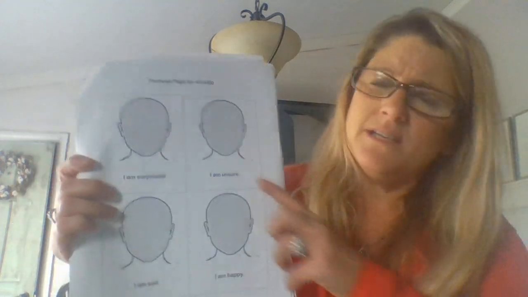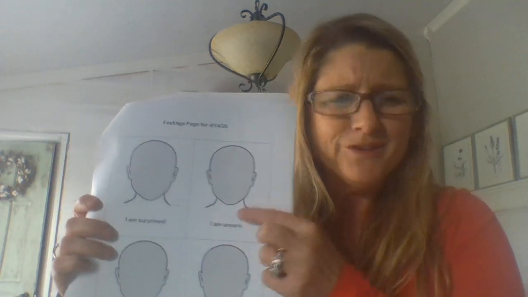This one says I'm unsure. Remember, the house was unsure. I was unsure because I was hearing a noise and I had to turn around and look because my puppy was trying to chew on something. Anyway, this one is unsure. That's when you're not sure. You don't know what's going on.